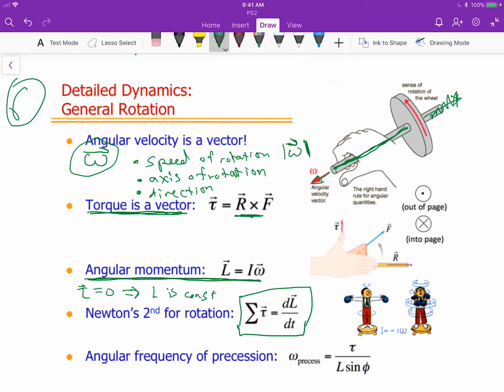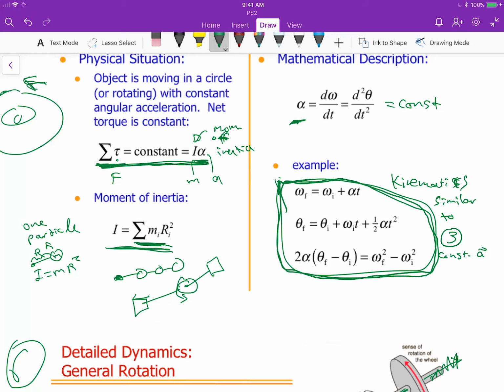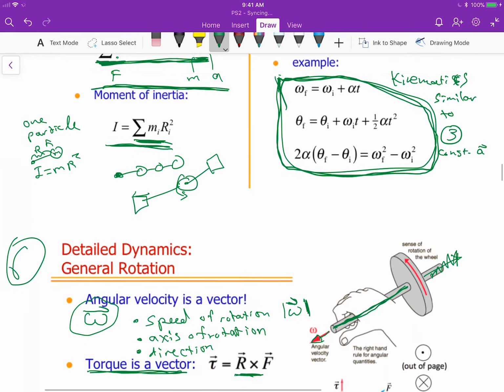This equation is another way of writing our Newton's second law. Before we had F equals ma, and this is one way of writing Newton's second law for rotation.